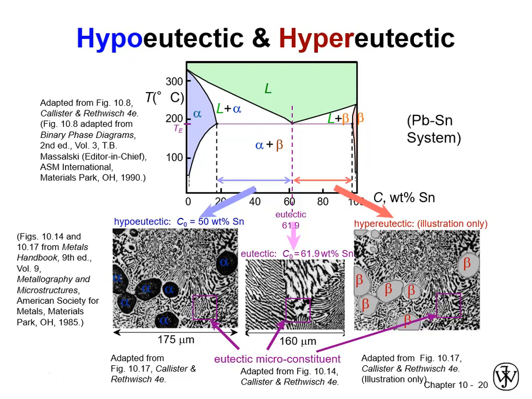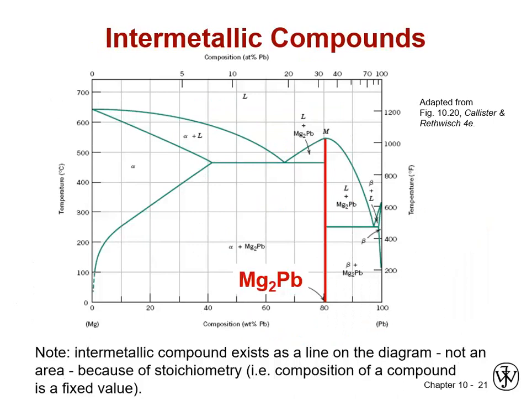So we could have a lot of that primary alpha or beta, but it's generally going to be the properties of that lamellar eutectic that dominate, even if you've got some of the primary material present. That's really important to remember about eutectics. They are by definition always going to be continuous when they form, if something doesn't transform in them after the fact. And because of that, their properties will, all other things being equal, tend to carry those of the material. Lucky for us, they tend to have good properties that we like, but not always.